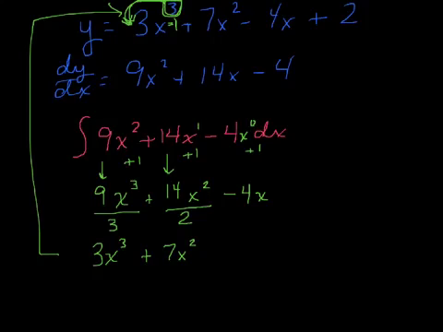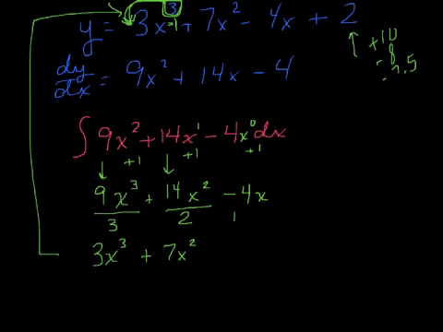The only thing we can't do when we are doing integration is tell what the constant was. There's no way to tell. In my original problem, it didn't matter what it was. If I had plus 10 or minus 8 or minus 7.5, the derivative of all of those numbers is 0, and we have no way of telling what it was.